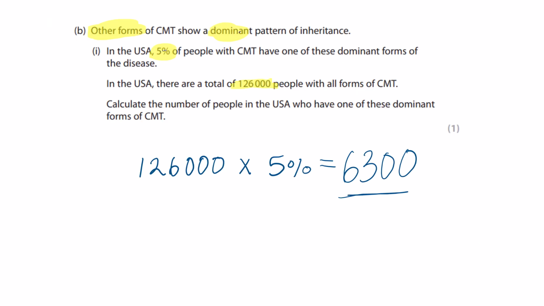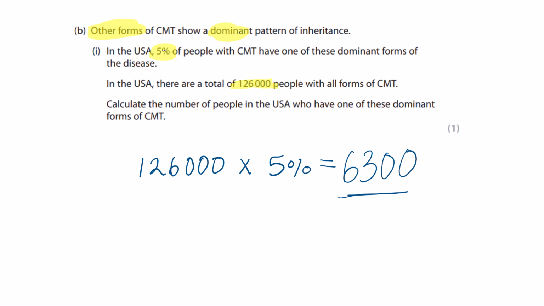Okay, other forms of CMT show a dominant pattern of inheritance. In the USA, 5% of people with CMT have one of these dominant forms of the disease. In the USA, there are a total of 126,000 people with all forms of CMT. Calculate the number of people in the USA who have one of these dominant forms of CMT.